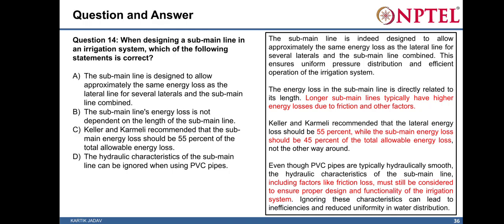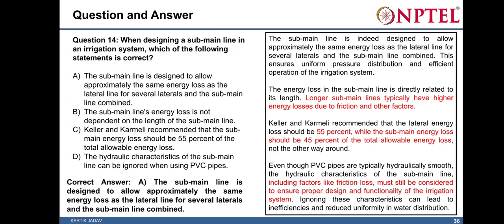And finally, even though PVC pipes are typically smooth, the hydraulic characteristics of the submain line, including factors like friction loss, must still be considered to ensure proper design and functionality of the irrigation system. The correct answer is option A.